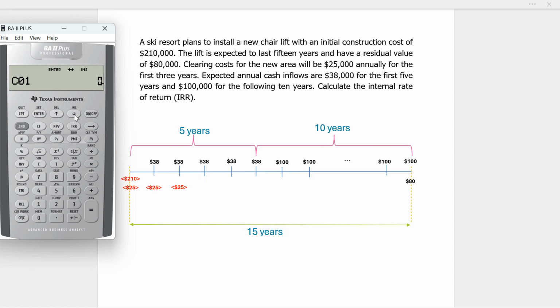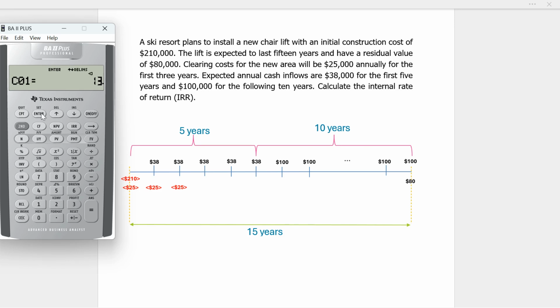At the end of year number 1, they expect a return of $38,000, but they have a cost of $25,000 also. So I need to subtract this cost of $25,000 from the return of $38,000. That would be the net expected return at the end of year number 1. So 38 minus 25, which is 13, then enter.